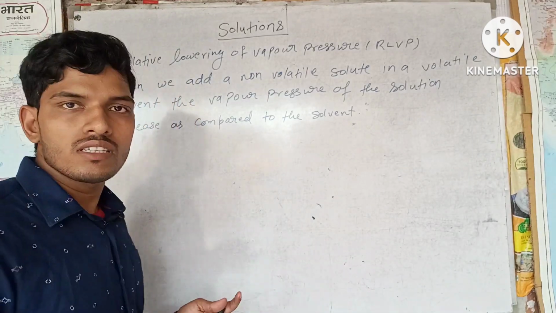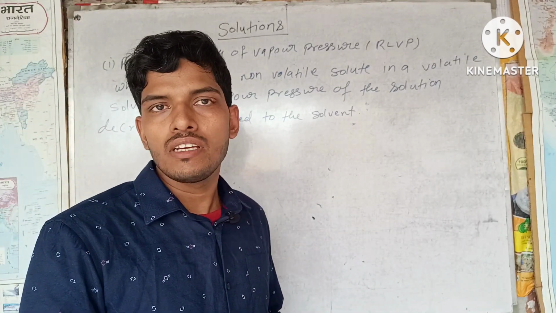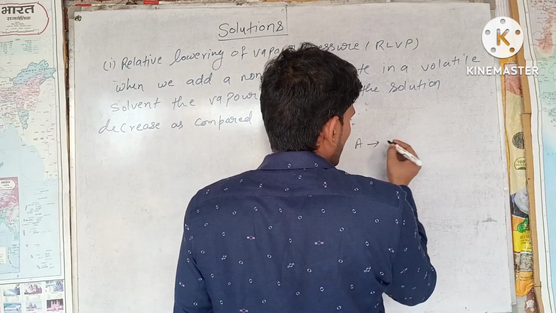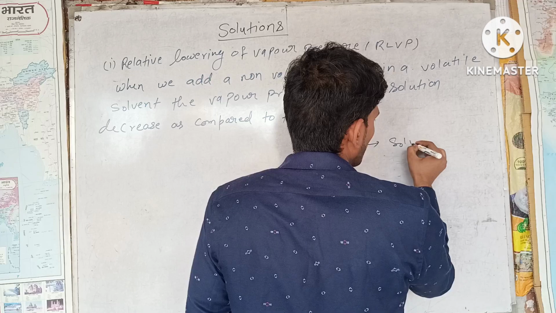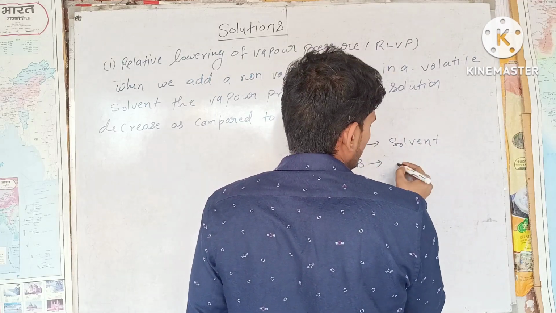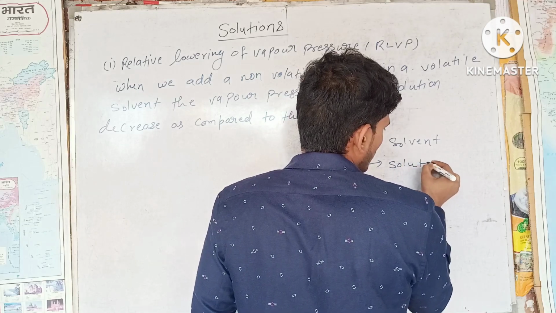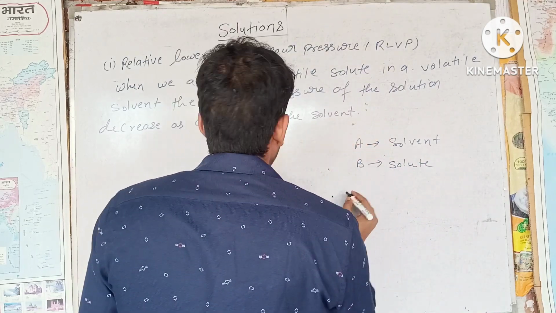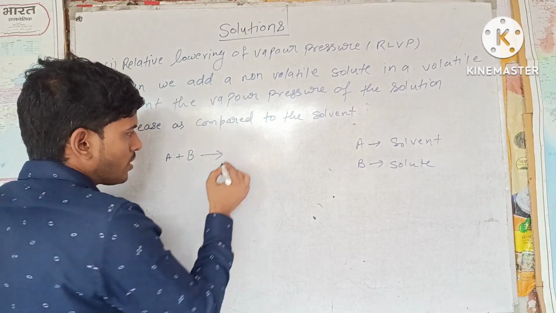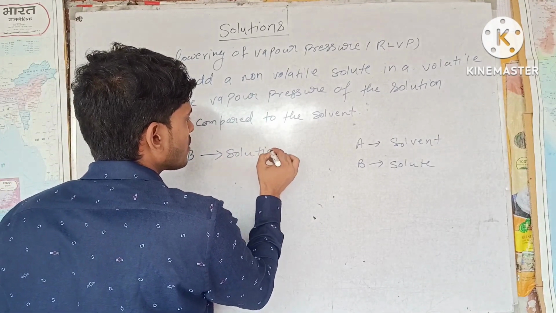Let's say we have two components in a particular solution. The first component is A and the second component is B. Component A is the solvent and component B is the solute, and A plus B make a solution.